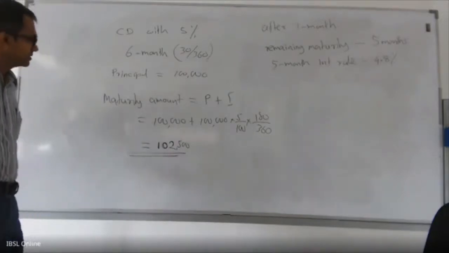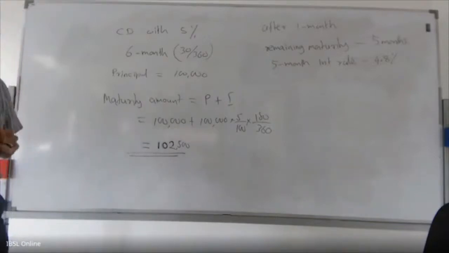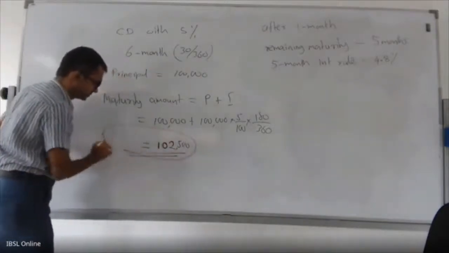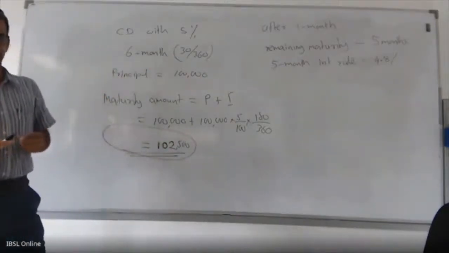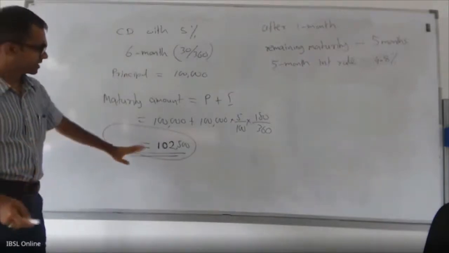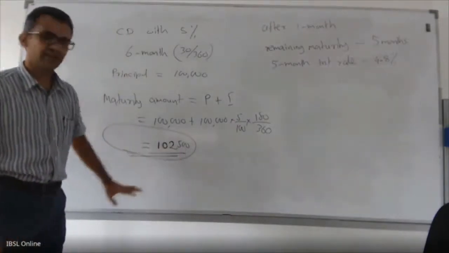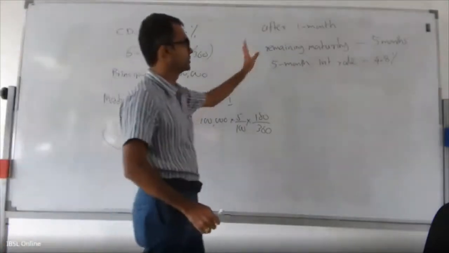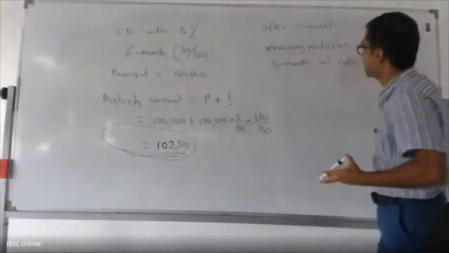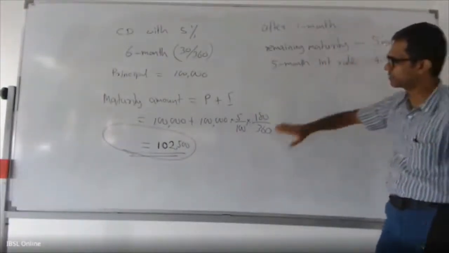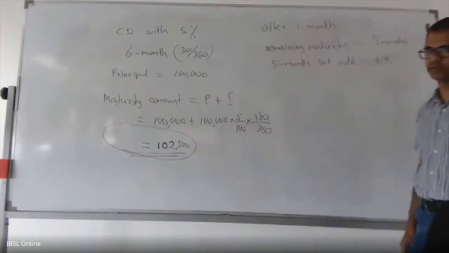Now the thing is, what the original borrower, the bank, has agreed to pay is this much on the maturity date. The bank will pay 102,500 on the maturity date. Now, since we have moved 1 month away, from now, after 5 months, the bank will pay this amount.